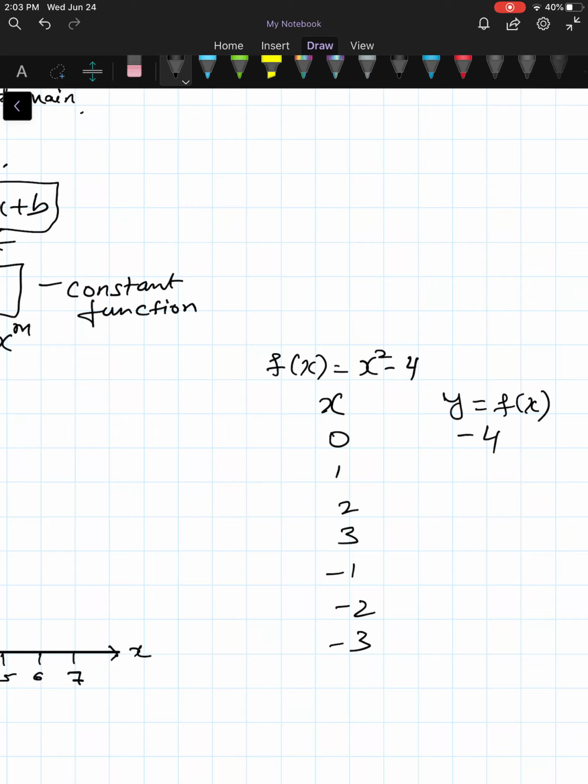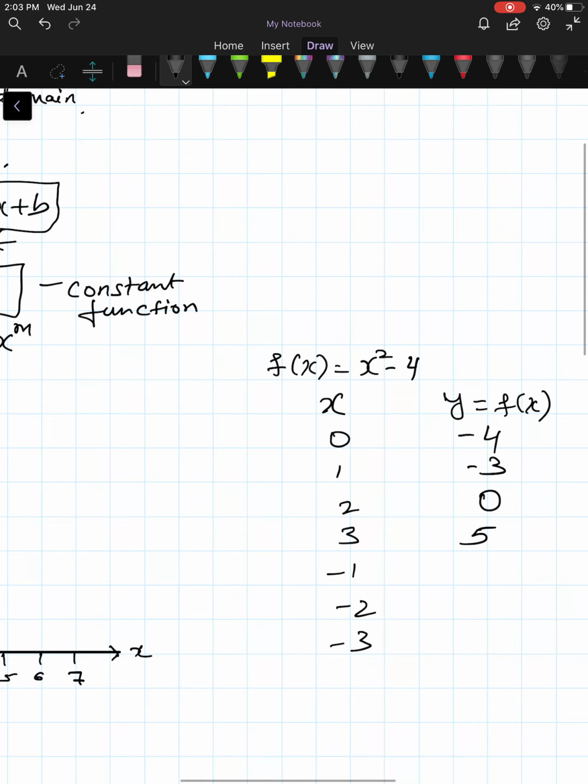When x is 1, f of x will be 1 minus 4, because 1 squared is 1, and 1 minus 4 gives us -3. When x is 2, 2 squared is 4, and 4 minus 4 is 0. When x is 3, 3 squared is 9, and 9 minus 4 is 5.